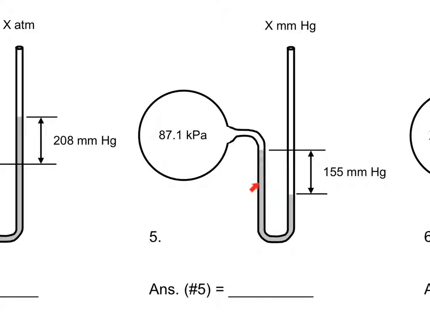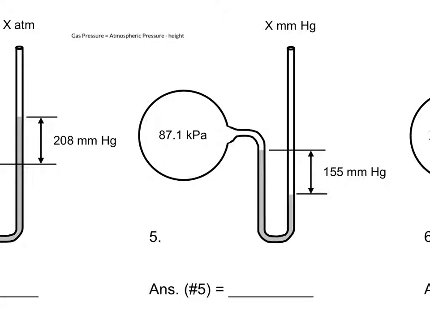When I do this, I see that the push is favoring the air pressure. It is pushing the mercury up higher onto the bulb side, meaning that the air pressure is greater than the pressure inside the bulb.